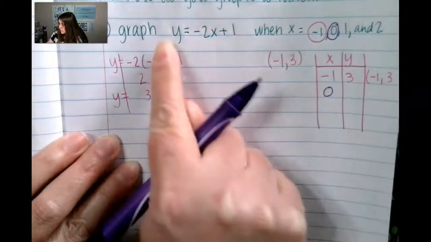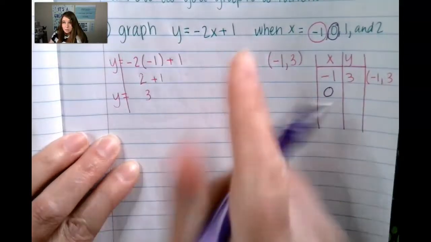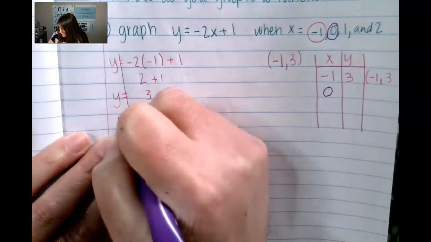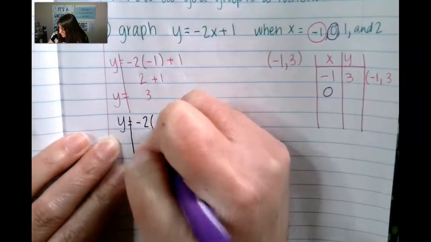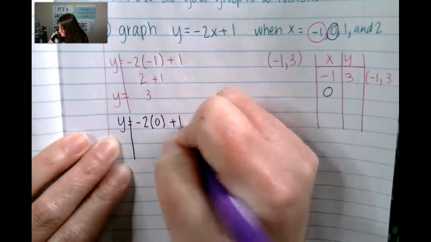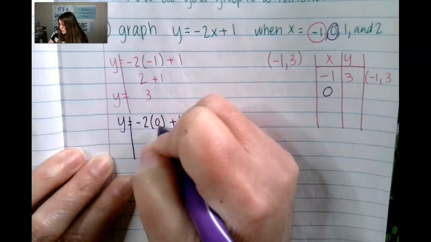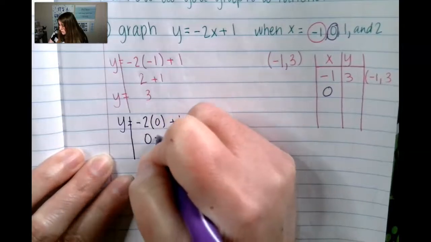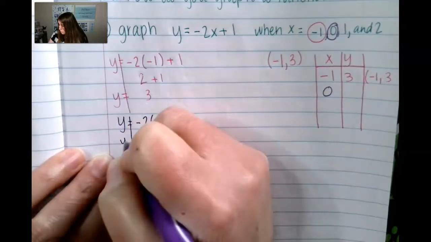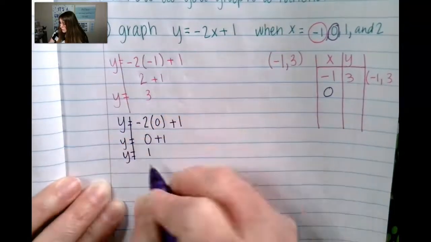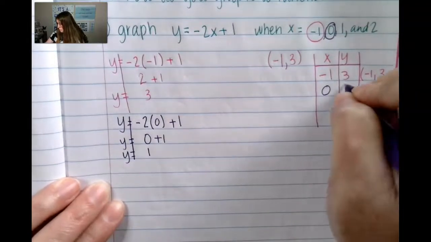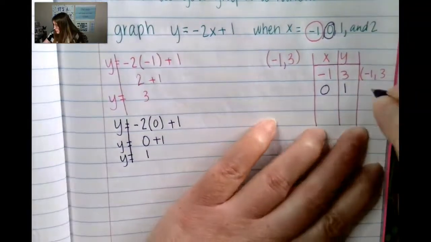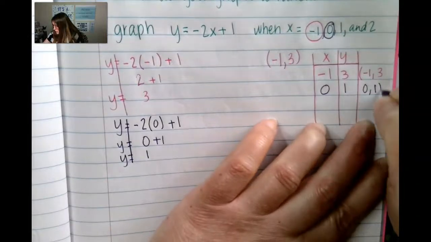So we're going to use the exact same equation as the first time and say y equals negative 2 times 0 plus 1. So negative 2 times 0 is 0, plus 1 gives me 1. So y equals 1. When the input is 0, the output is 1, and that gives us 0, 1.